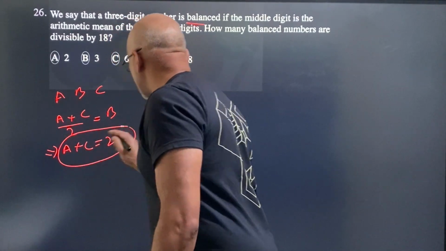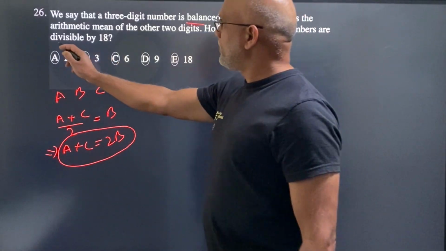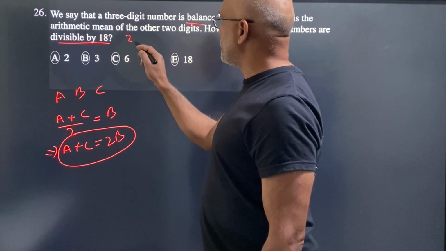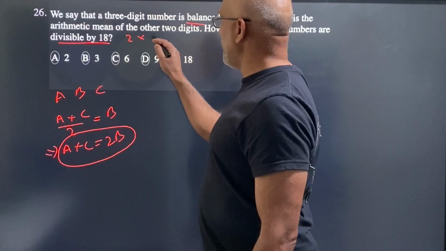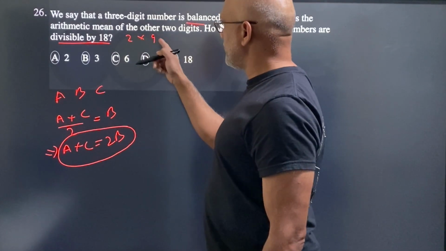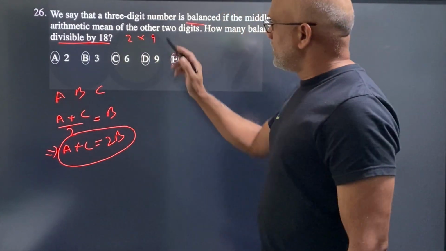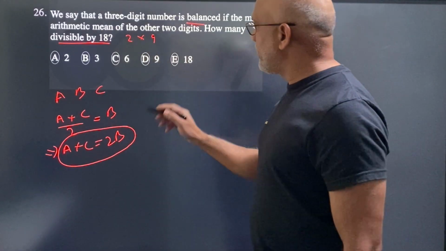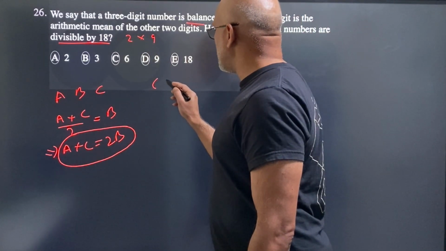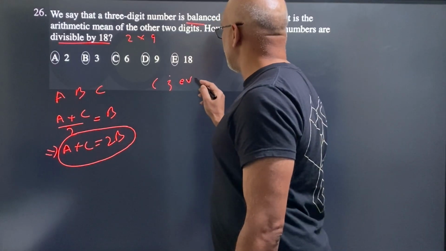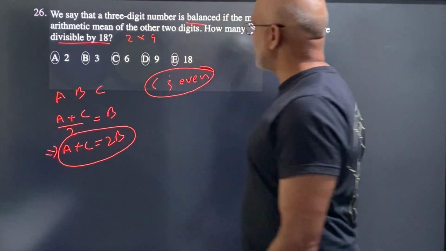Okay, so this is one of the conditions. And then it has to be divisible by 18, meaning divisible by 2 and divisible by 9, right? So 2 times 9 is 18. Divisible by 2 means it has to be an even number, so C has to be even. C is even. This is the second condition.